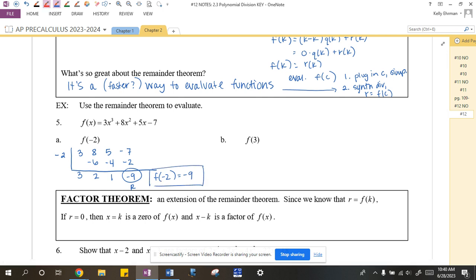If we check the math on that, again, the old way to do this, to figure out f of -2, would be plug in -2. 3 times -8 plus 8 times 4 plus 5 times -2 minus 7.